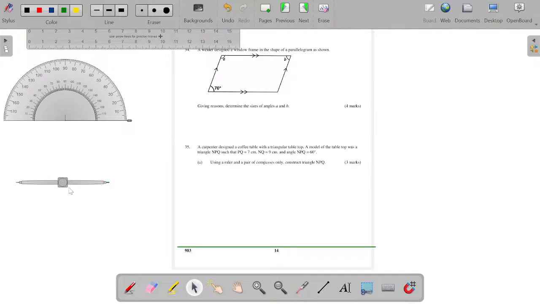If that is my length 7 centimeters, I now take my compass and stand at any of these points.